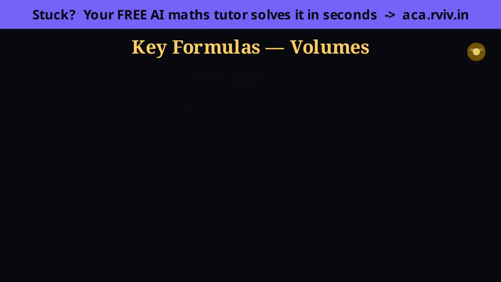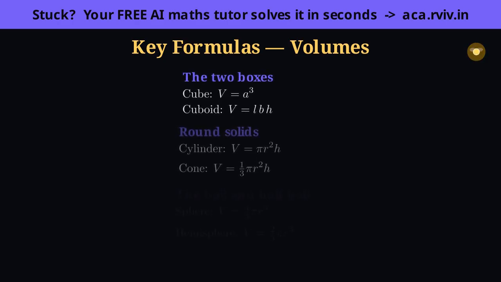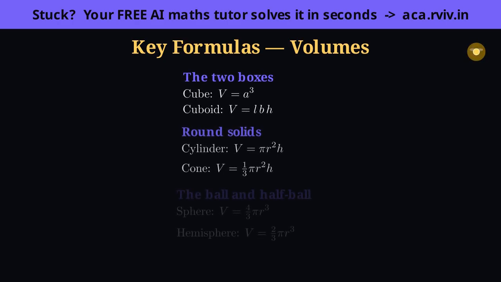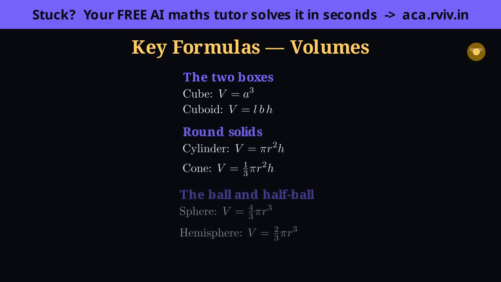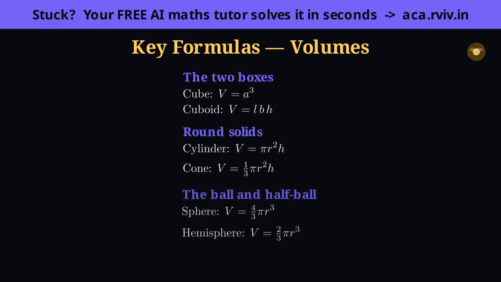A cone is exactly 1/3 of that, 1/3 pi r squared h, and remember why, 3 conefuls filled one cylinder when we poured. A sphere is 4/3 pi r cubed, and a hemisphere, being half a sphere, is half of that, 2/3 pi r cubed.